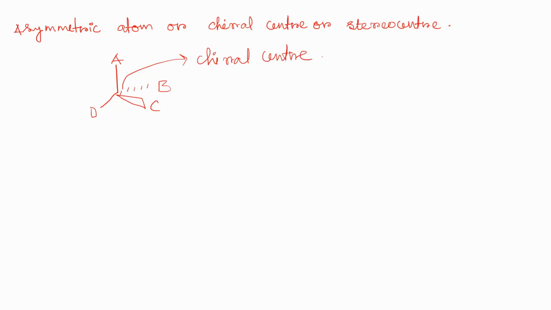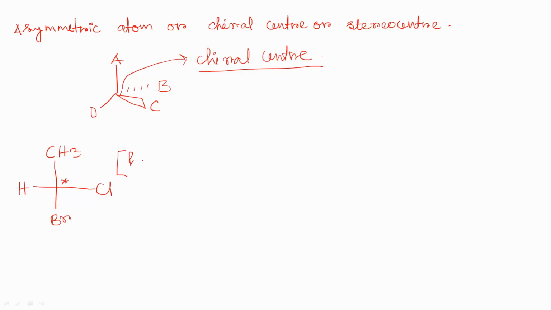Now we'll discuss some examples. If we start from the CH3, this is chlorine, this is hydrogen, and this is bromine. So this carbon center is chiral.